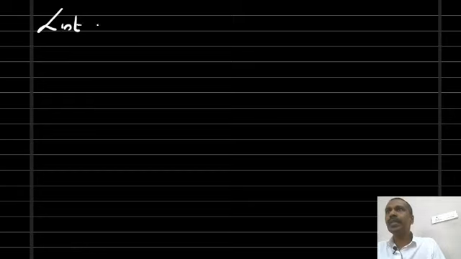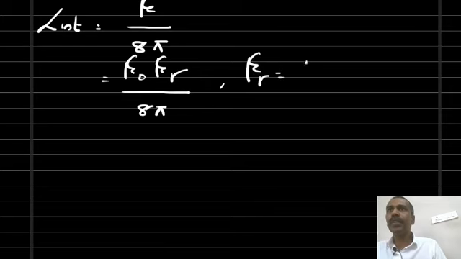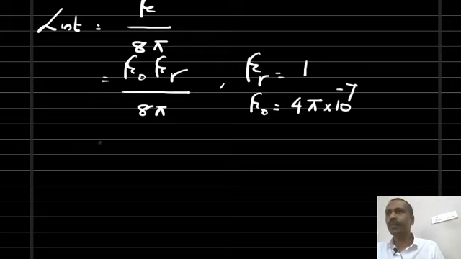So L internal is equal to mu divided by 8 pi. And mu can be written as mu 0 into mu r, divided by 8 pi. You can assume that mu r, the relative permeability, is equal to 1. And what is mu 0? Mu 0 is equal to 4 pi into 10 raised to minus 7.